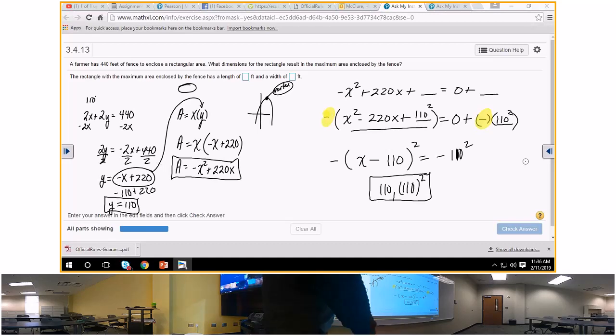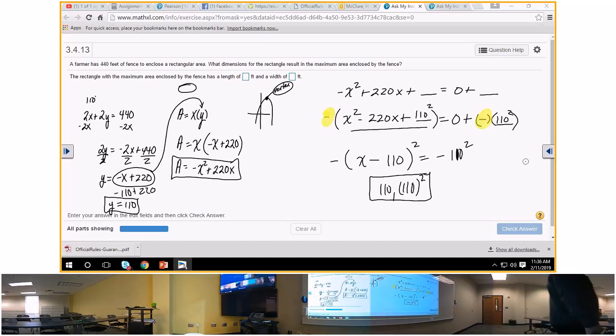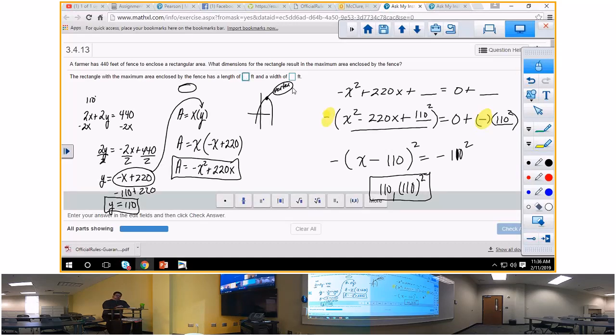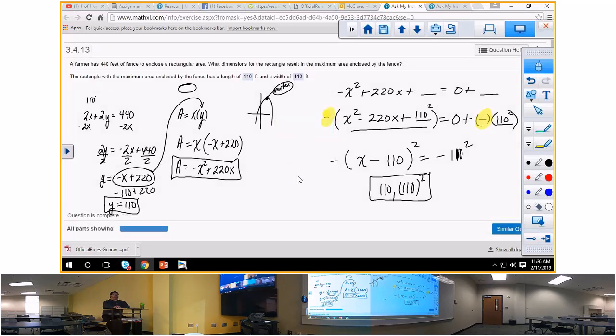So it looks like to me it's going to be 110 and 110, unless I've done something wrong. So let's see what the max is. 110 and 110. And we feel good about ourselves. Okay, so we don't have to wear sunglasses in the gym.